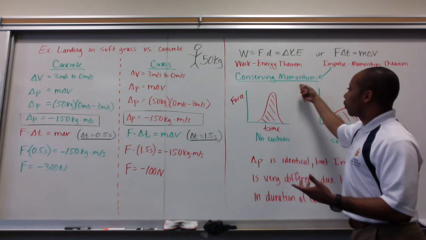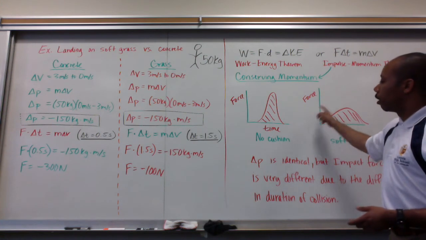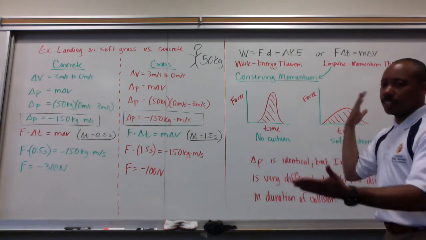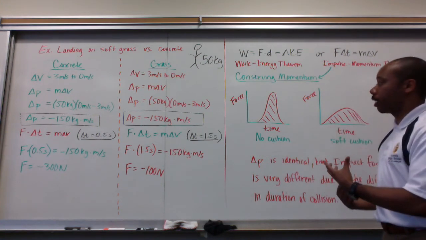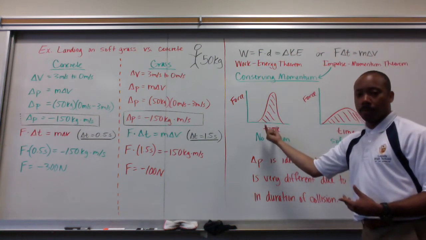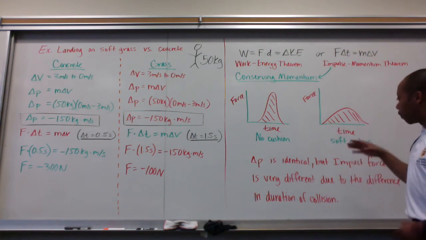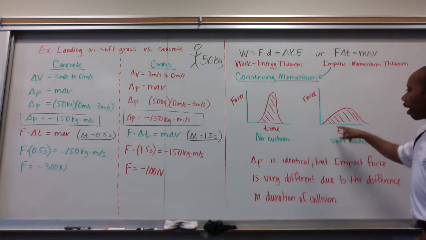Now if we look at the conservation of momentum, or conserving momentum, look at two graphs here. When I have no cushion, so I just hit something, boom, no cushion, kind of like the concrete example, I have a great force over a short period of time. Now let's say the same collision happens, except I put a cushion there now. I have a small force over a longer period of time.